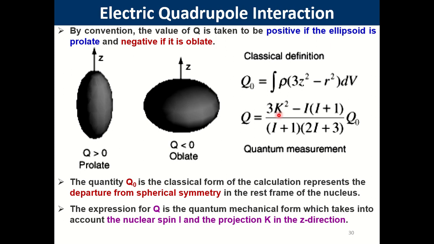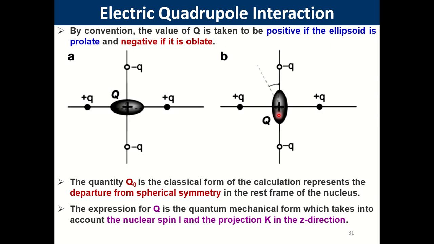Another important point is that there are two ways in which you can place the nucleus. Suppose you have a distribution of charges around the nucleus in this manner. As you can see in these two pictures, there are two ways in which the same nucleus can be put. If you put it this way, the positive charge of the nucleus is facing the positive charge.